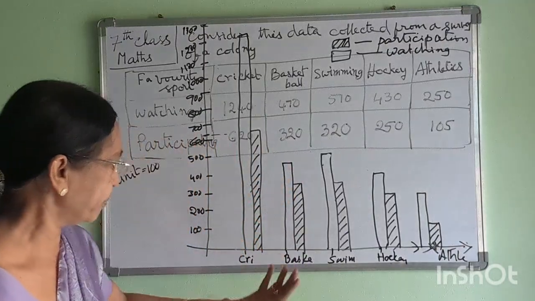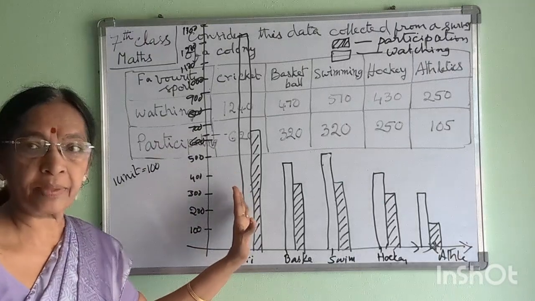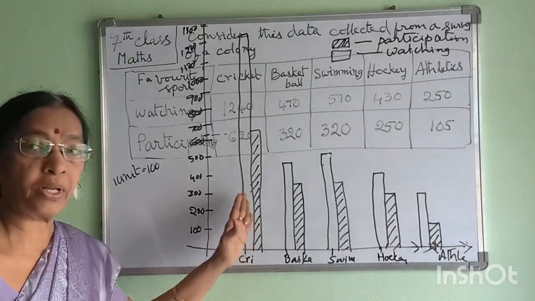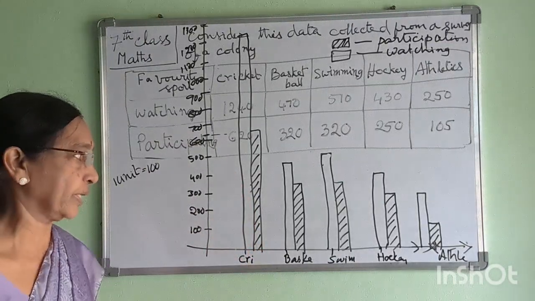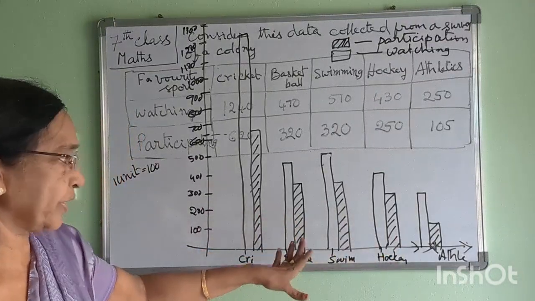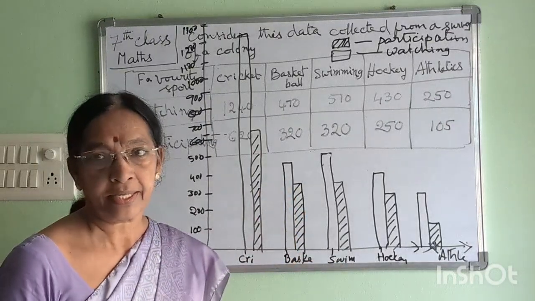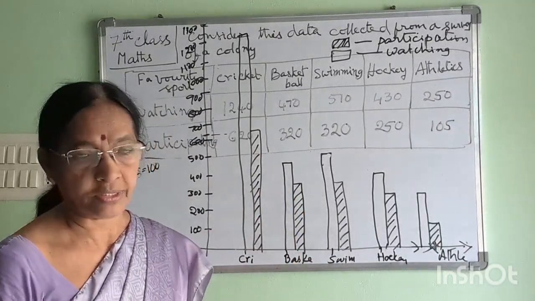Thus, we can compare the number of people watching a particular game and the number of people participating in that game. The bars corresponding to participants are shaded. The number of participants is generally less than the number of people watching the game.